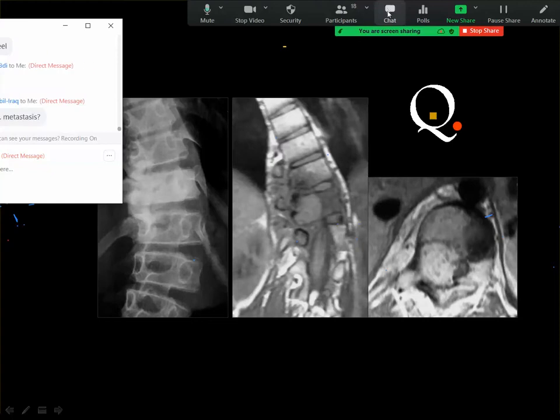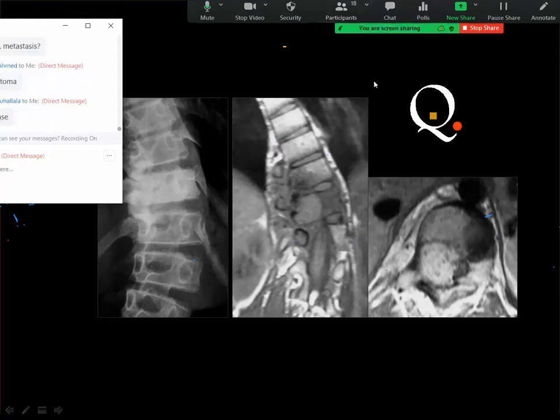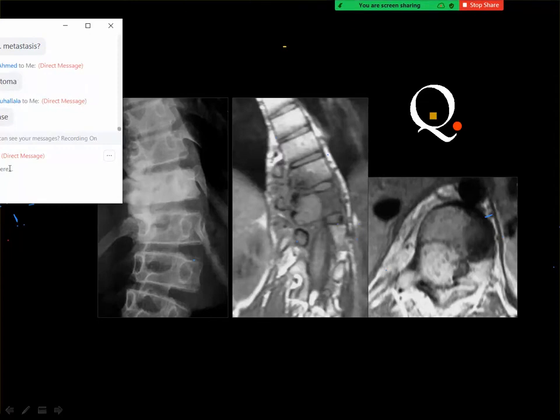Lymphoma or metastasis, and consider this is a young person with a classic appearance. Yes, very good, this is osteoblastoma.